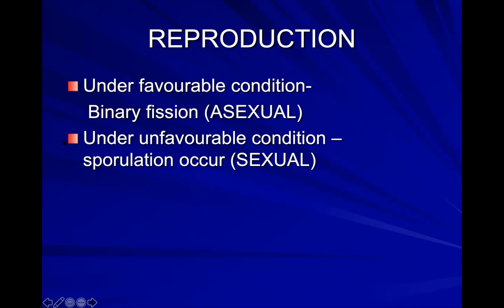But an unfavorable condition is, for example, during drought, something they have to bear. So during favorable condition, they will do binary fission, but under unfavorable condition, they do sporulation. So how does it work? We go for favorable condition first.